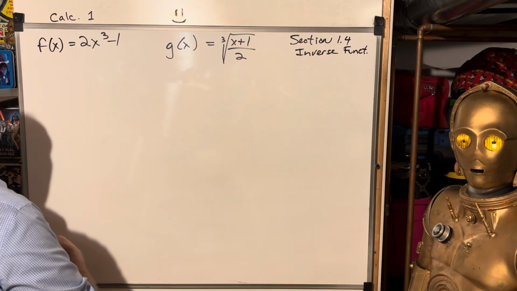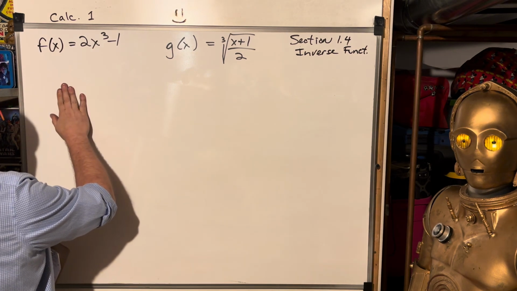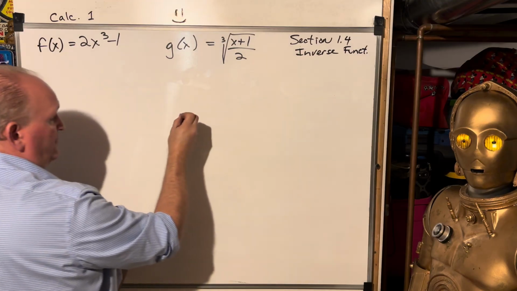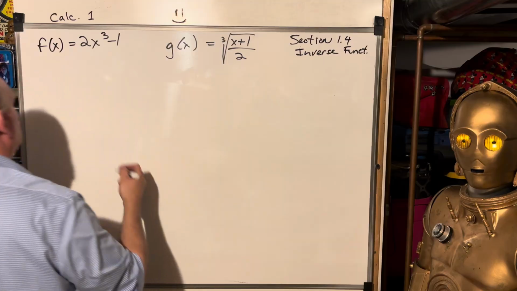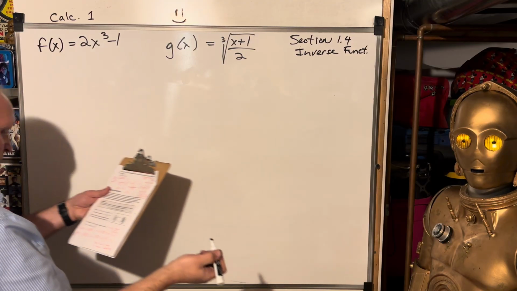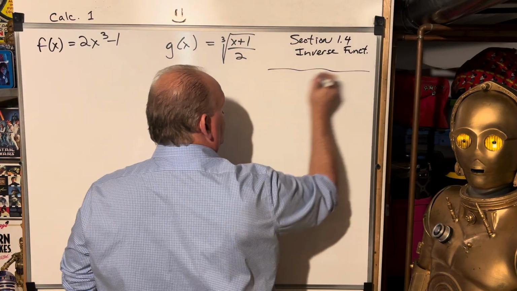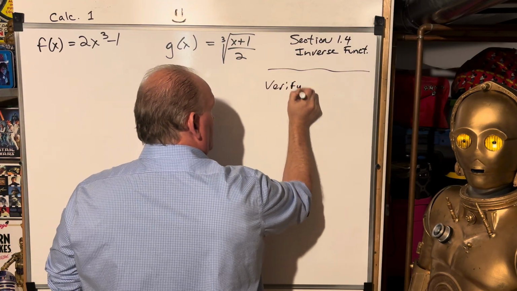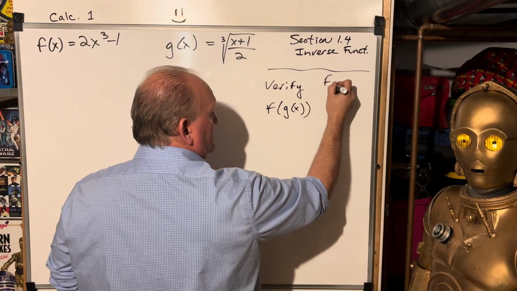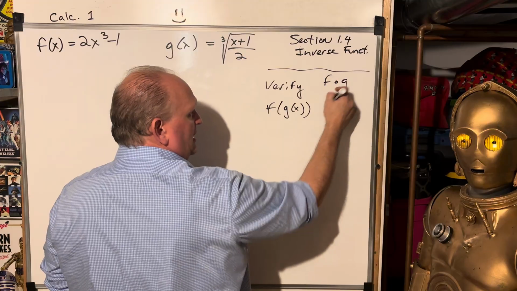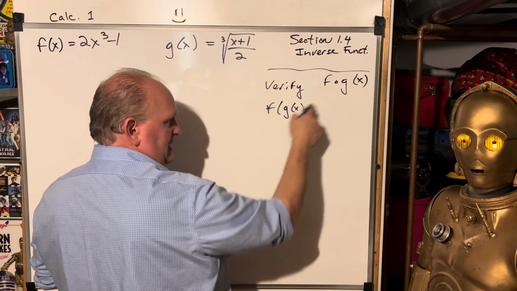So to show that they're inverses, I should be able to find f of g of x and g of f of x, and both of them should just produce x as an answer after they're simplified. So we're going to verify that f of g of x, again, you'll see that shorthanded, it looks like f∘g, kind of like FOG, with a real little o, of x, that's the same as that.